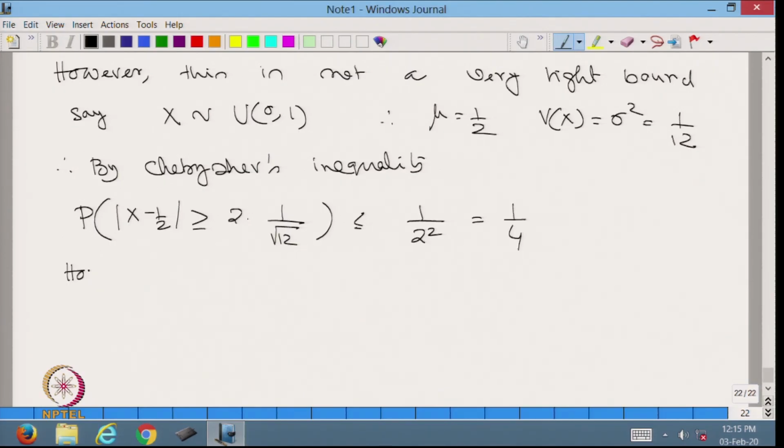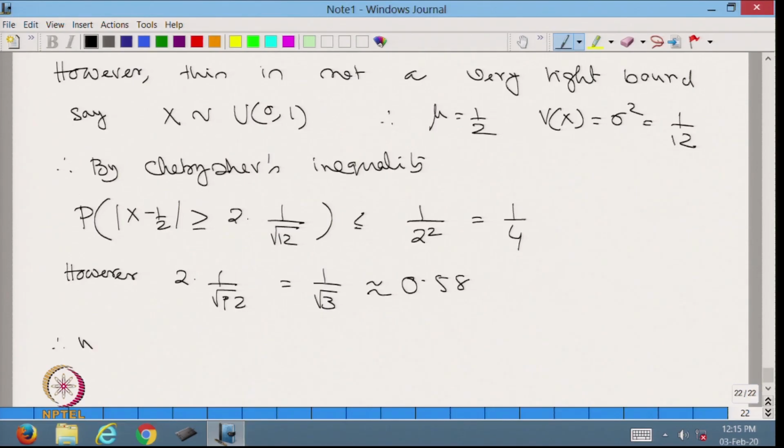However, 2 into 1 upon root 12 is equal to 1 upon root 3, which is roughly 0.58.